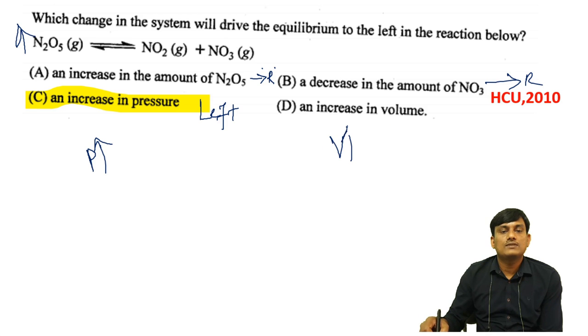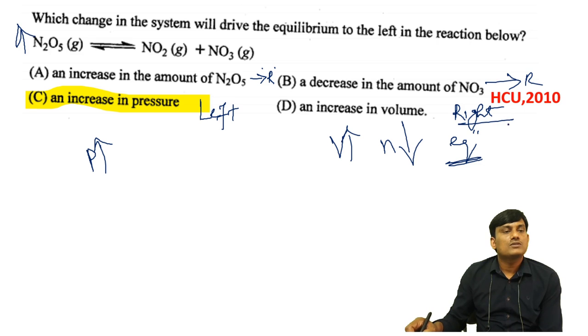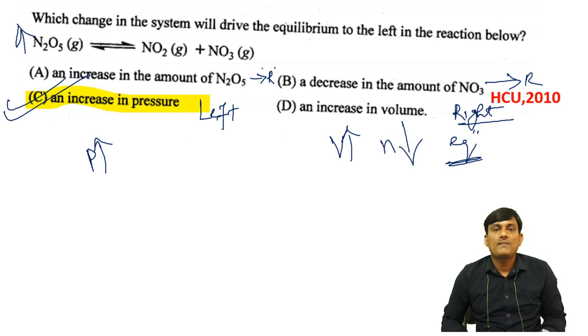When you increase volume, the pressure decreases, so the equilibrium shifts in such a way that there is an increase in the number of moles. From left to right, there is an increase in the number of moles, so there is a right shift of equilibrium. What is the correct option? C is the correct option. Thank you.